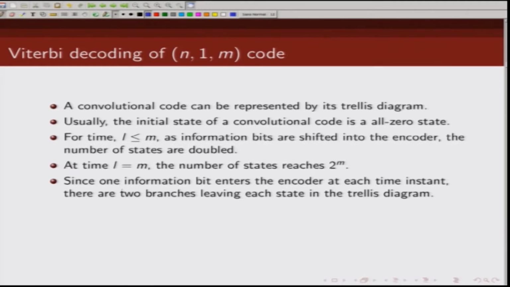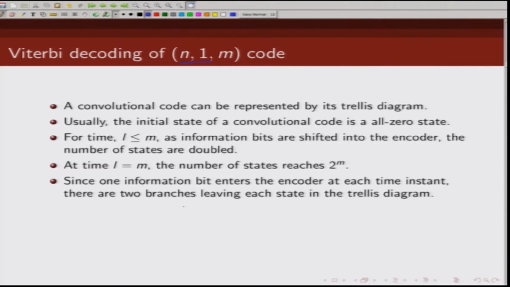Since we are considering a rate 1 by n code, k is 1. So, at each time instance one information bit enters the encoder. There are 2 possible branches leaving each state, one corresponding to information bit 0, the other corresponding to information bit 1.